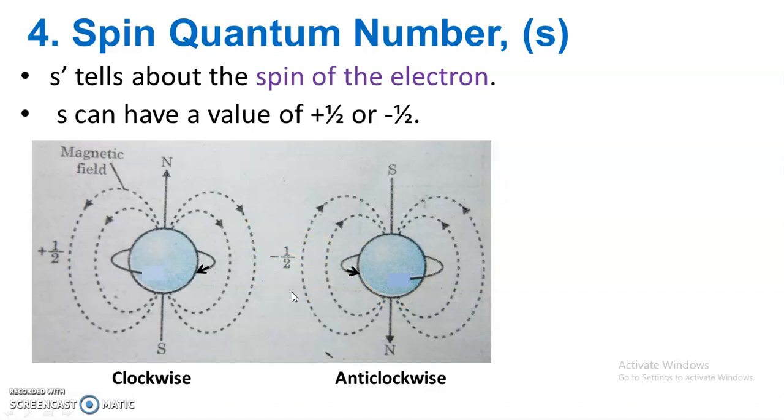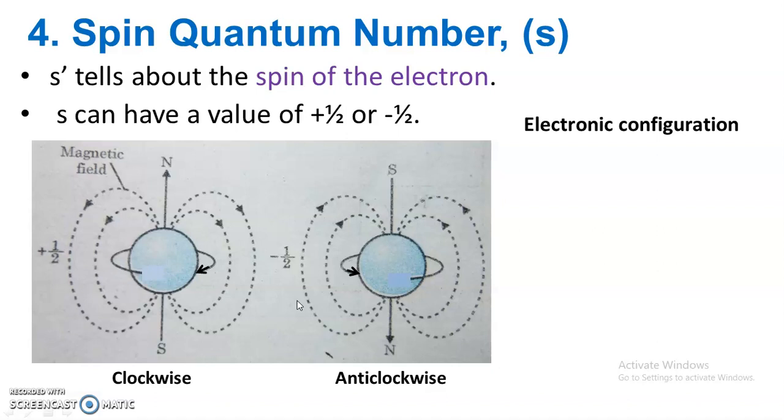So this is the brief introduction to the quantum numbers. Now what is the role of quantum numbers? Actually, a quantum number is the perfect address of an electron in an atom, and you know this position of the electron is described by electronic configuration.